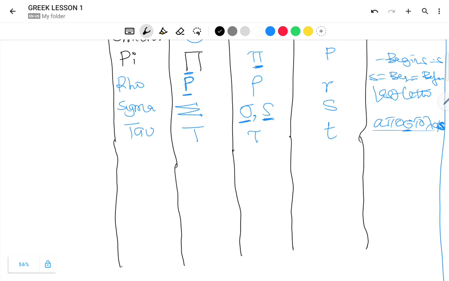Then the next letter is upsilon. Remember where we had the gamma? Now, you're going to find something like an actual Y. The gamma is either written like this or like that, right?